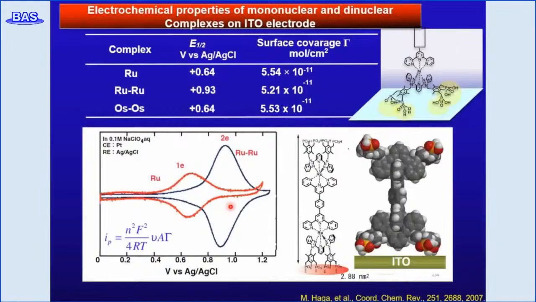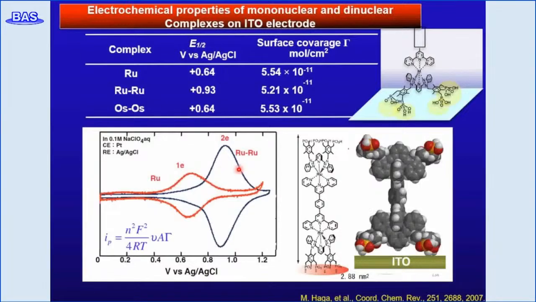Here is a CV of mononuclear and dinuclear ruthenium complex with tetrapod phosphonate group immobilized as self-assembled film on ITO surface. The peak current for dinuclear complex is 2 times larger than that of mononuclear complex, since dinuclear complex shows the 2 electron oxidations.